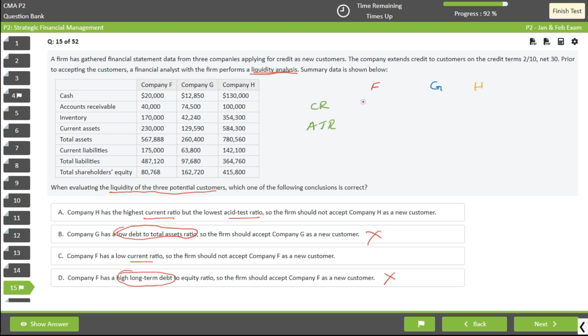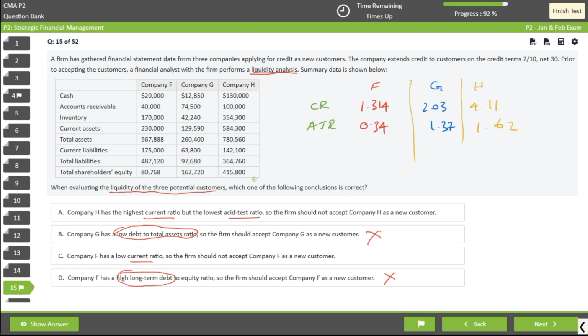Current ratio for F is 1.314, for G it is 2.03, and for H it is 4.11. The acid test ratio for company F is 0.34, for G it is 1.37, and for H it is 1.62.